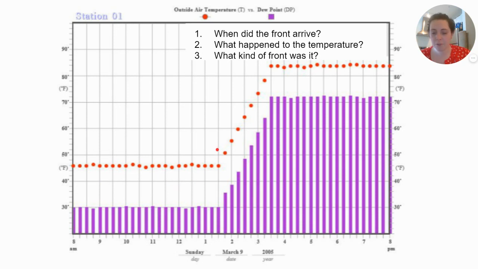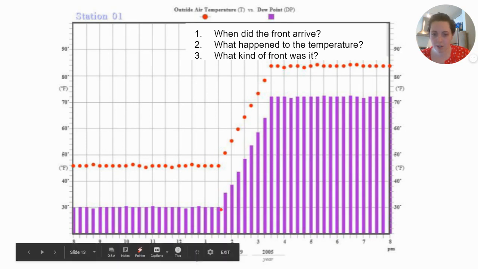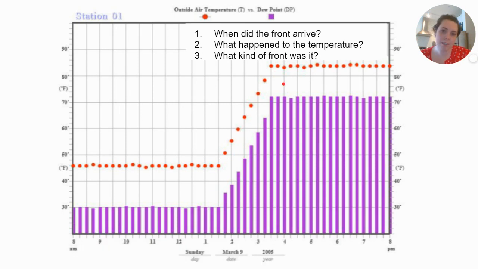My temperature first starts to change right here, which looks to be about 1:30 in the afternoon. We start to see it warm up. So the temperature is increasing, which tells us that since we're getting warm weather coming in, a warm front moved in. It's bringing that warm air with it.